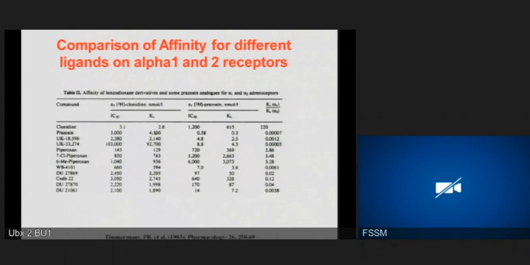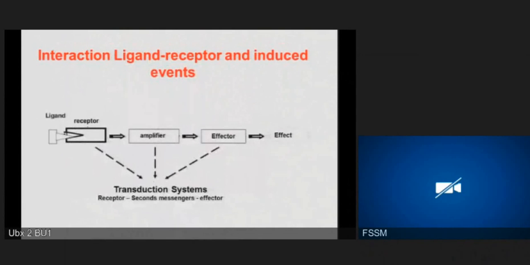So nowadays you will see that alpha-2 and alpha-1 each have different subtypes also. So it is more complicated. But at that time, here was the deal. And I will finish here for today.